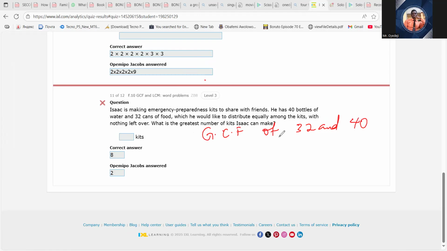So let's break down the same way we did before. That's 32. We have 2 times 16. Then we can break further and say 2 times 2 times 8. Further, 2 times 2 times 2 times 4.